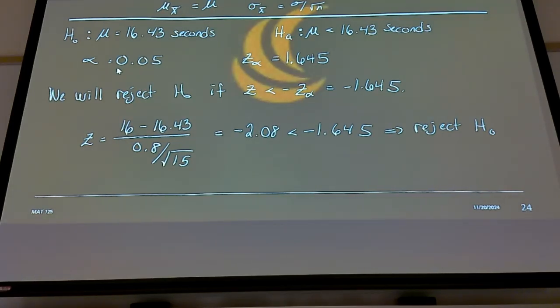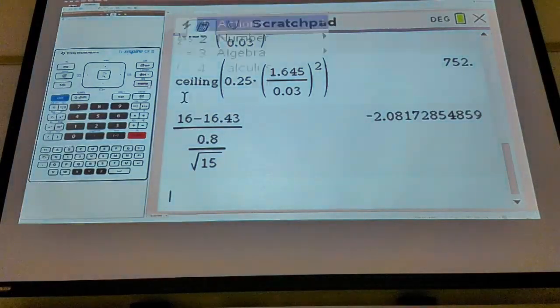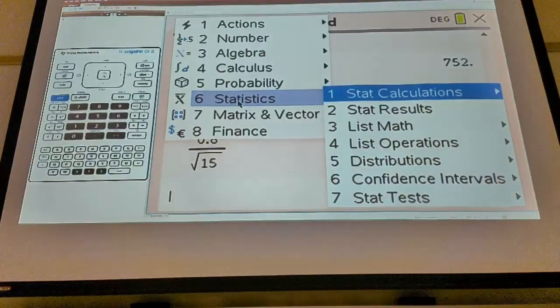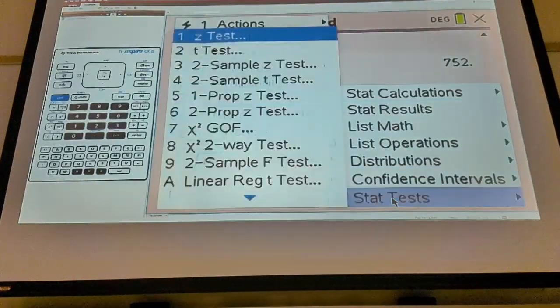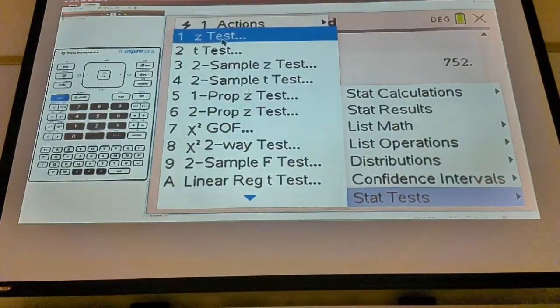Then we'd have to find a p-value. Stat tests. Because we knew sigma, this was a Z test.